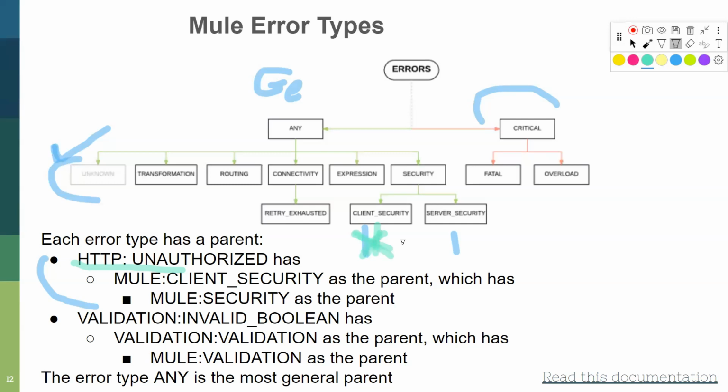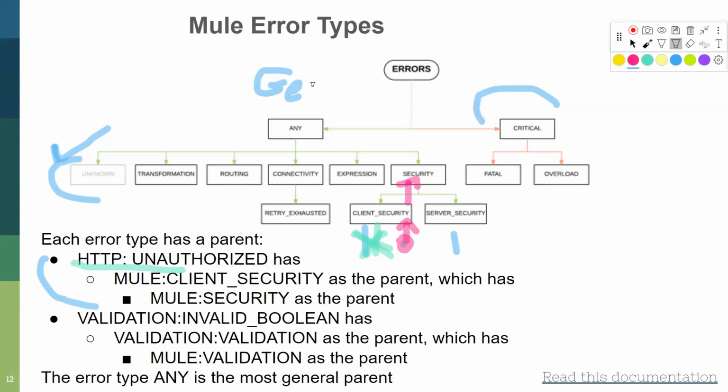We have HTTP unauthorized here, then going up we get the parent client security, and client security is under security. Validation also has this structure, but all of them have a parent.